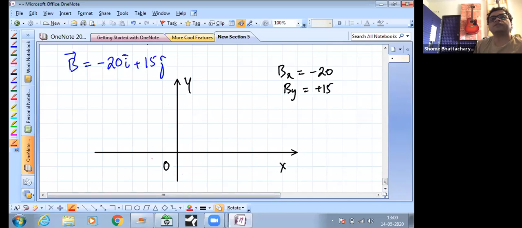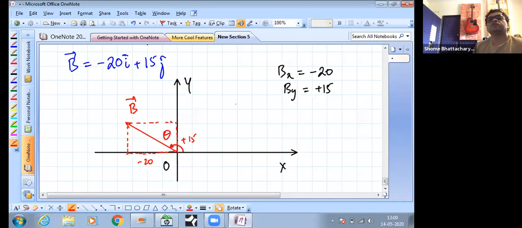You can see that the vector B has a negative X component of minus 20 and a positive Y component of plus 15. So the vector itself will be like this. This is roughly where your vector B is lying, and this will be the angle theta for it.